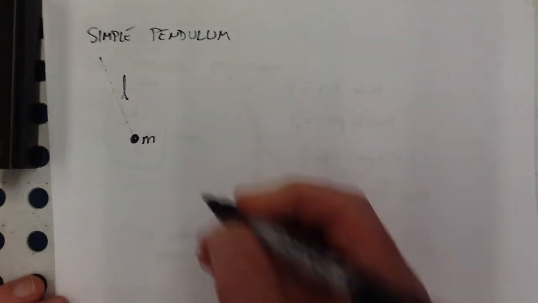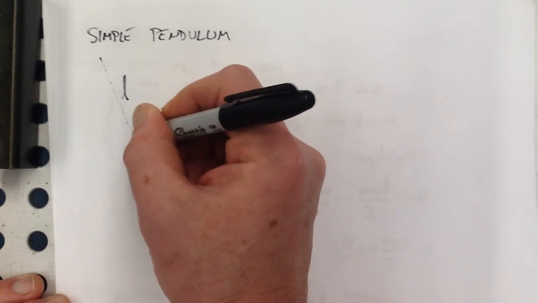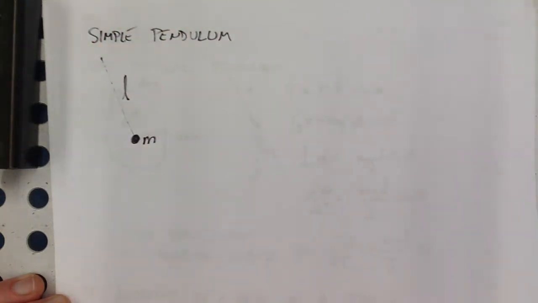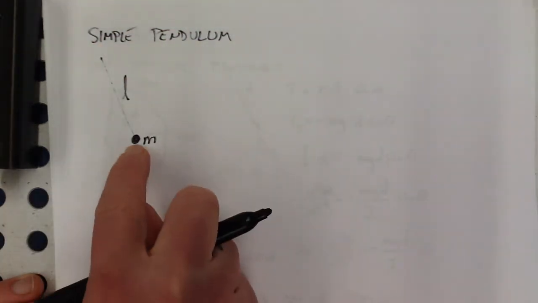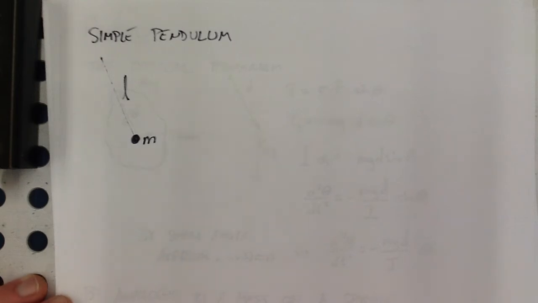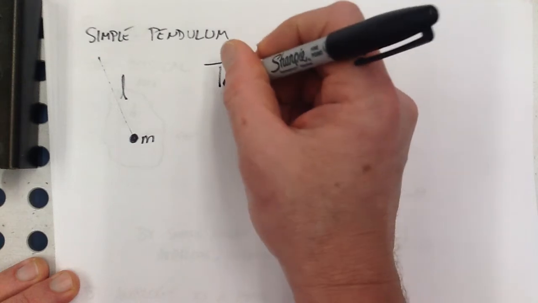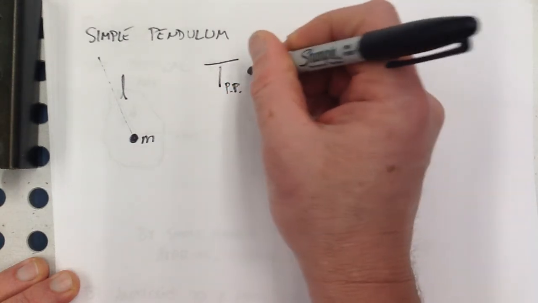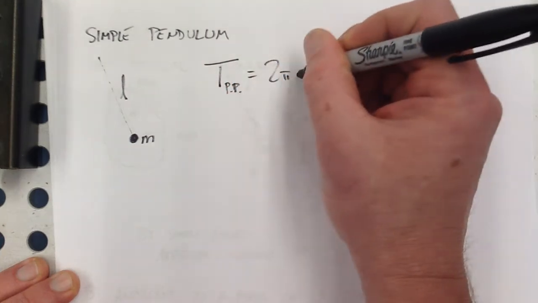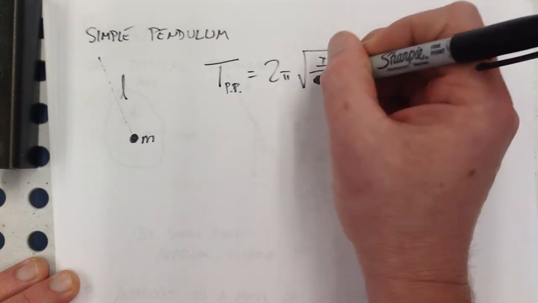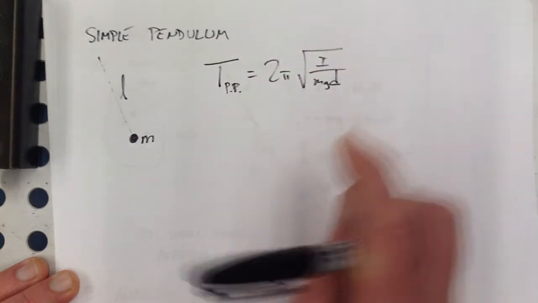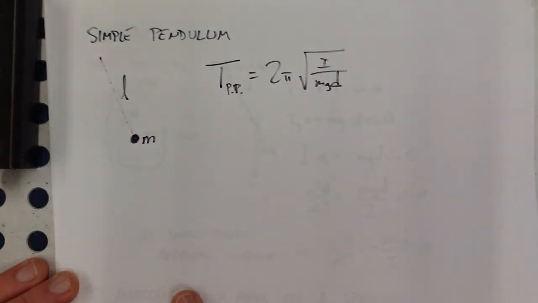So this is not to be confused with angular momentum, L. But a simple pendulum, we just have mass, all the mass is here, and this is like a massless string, or a string of negligible mass compared to that. So we know that for a physical pendulum, 2 pi times the square root of I over mgd, that's the period there.